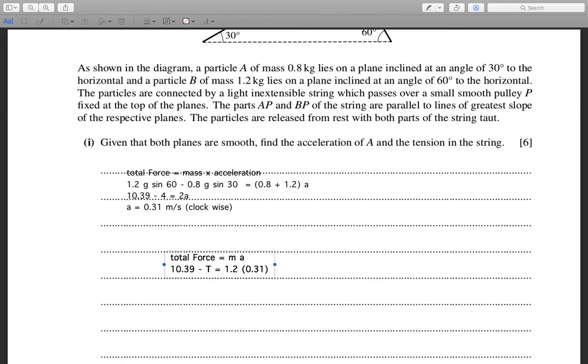So T equals 10.39 minus 1.2 times 0.31, which is 0.372, giving 10.02 newtons. That is the tension in the rope of the system. This is the answer for the first part.